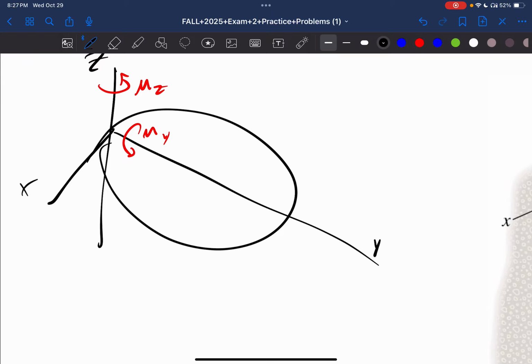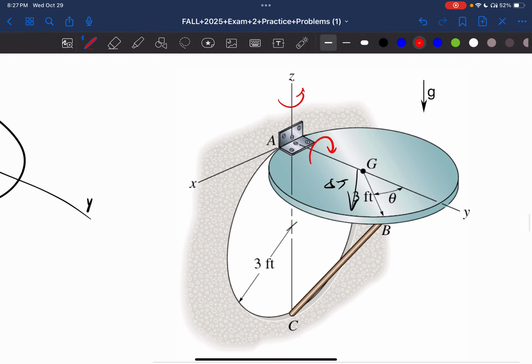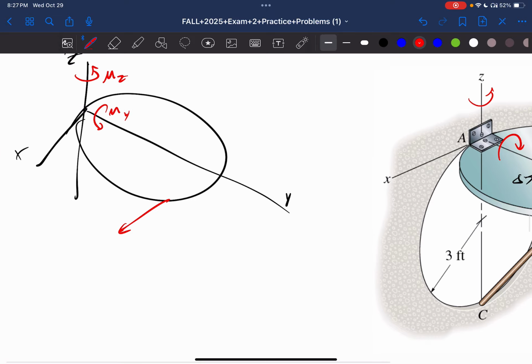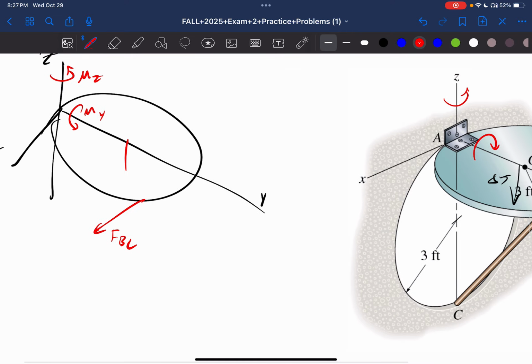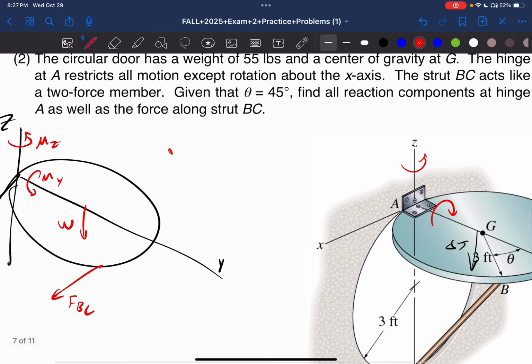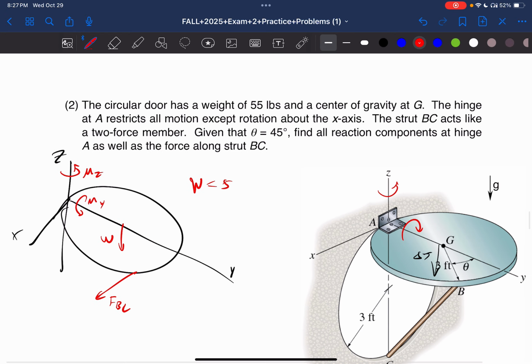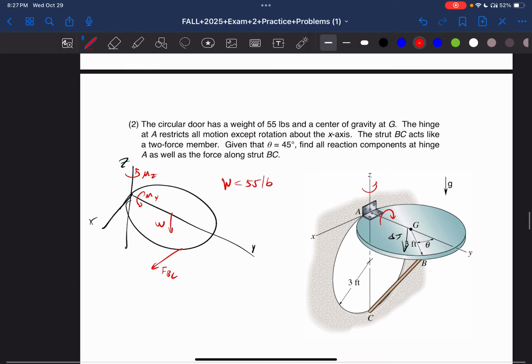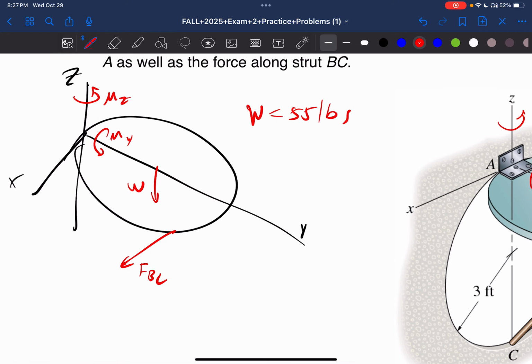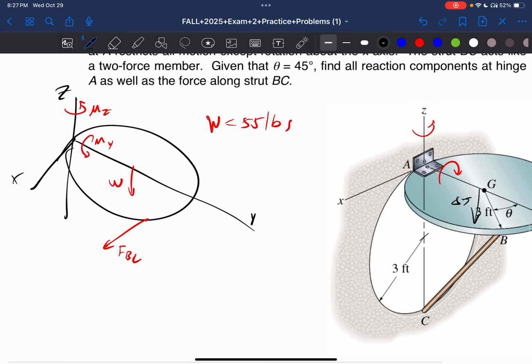There we go. And what other forces do we have? We have a force BC here. Let's just call this force BC. We have a weight going straight down, and weight is equal to 55 pounds. And looks like from here to here, this is 45.